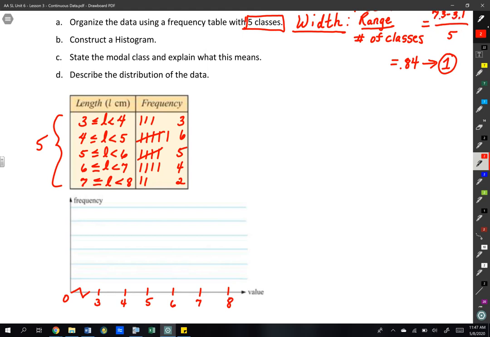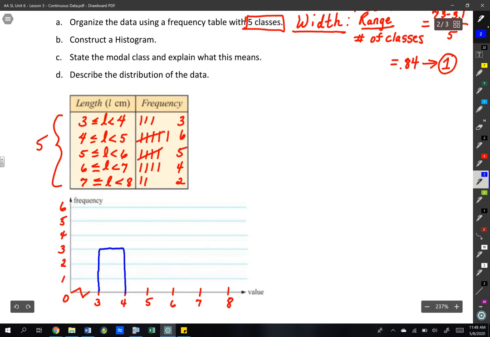And our frequency starts at 2 and the highest value is 6. So I'm just going to use 1 through 6. All right. Do this in a different color here. All right, so for the interval from 3 to 4, we have a frequency of 3. So we're going to go from 3 to 4. From 4 to 5, we're at 6.